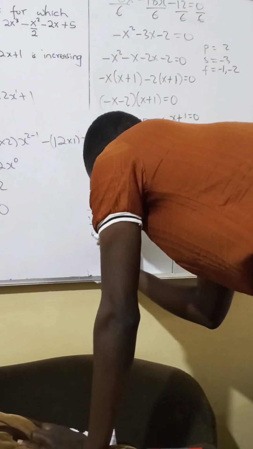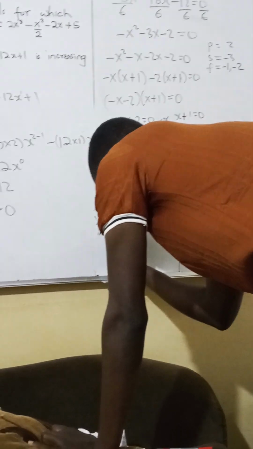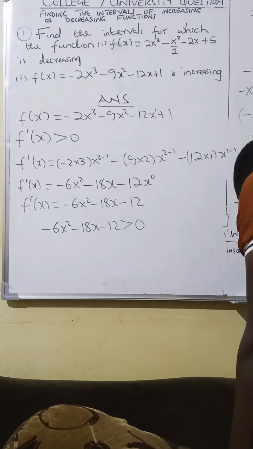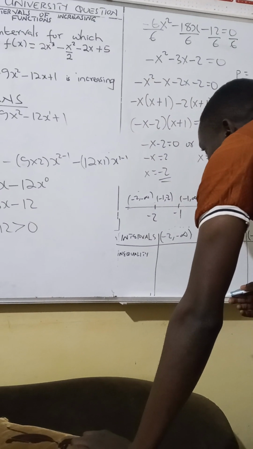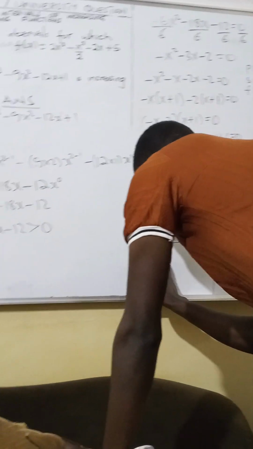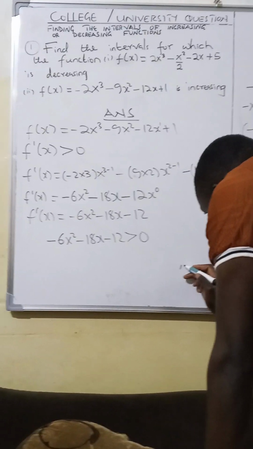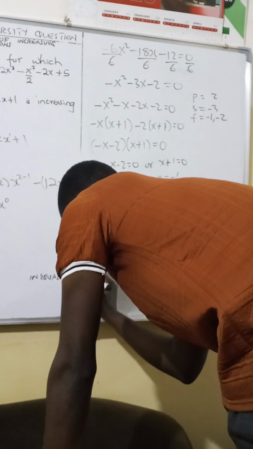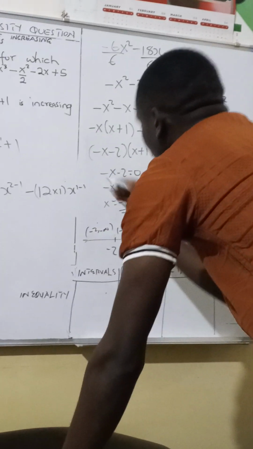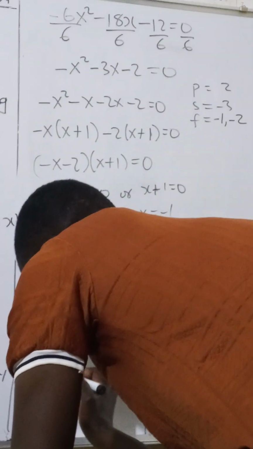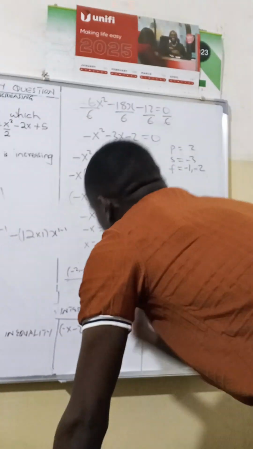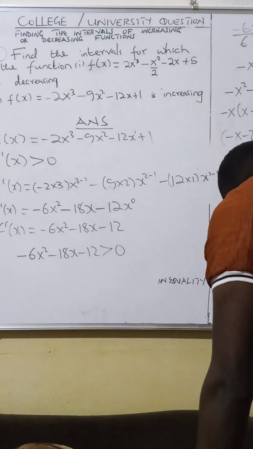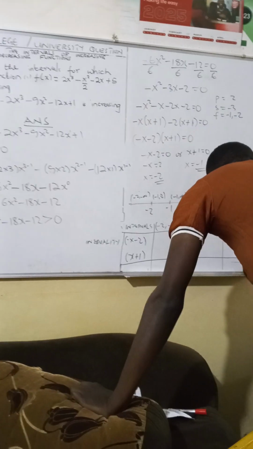Then here I'm going to say inequality. The inequality that I have, I've got minus x minus 2, then the other one, x plus 1. This is my testing table.